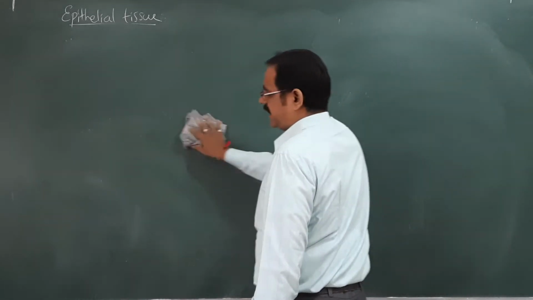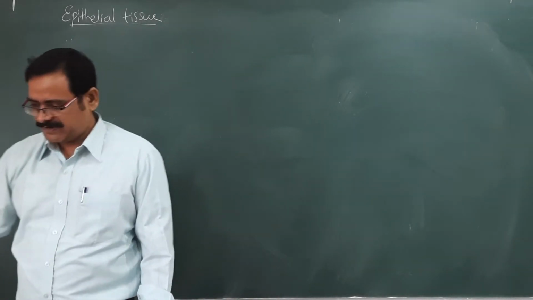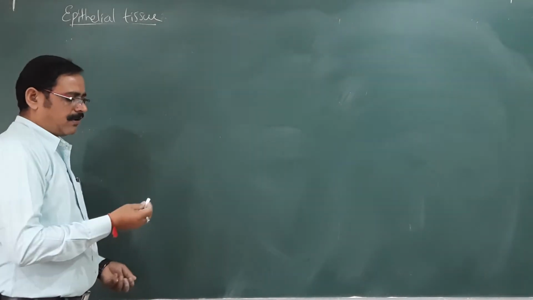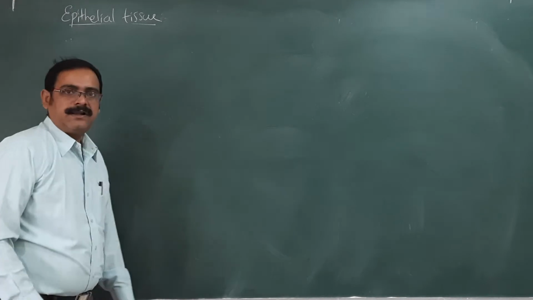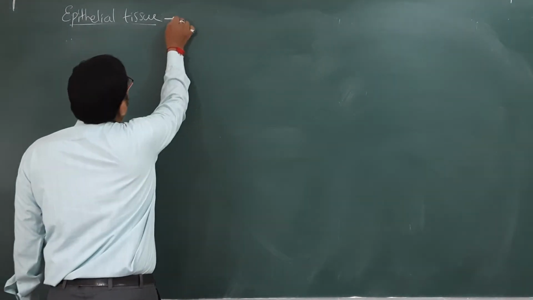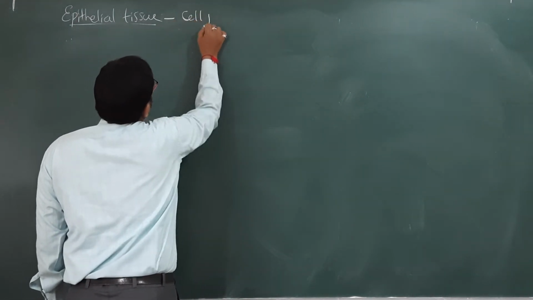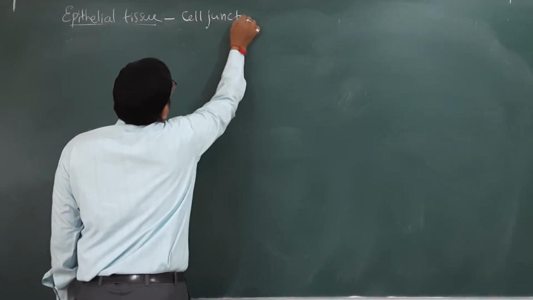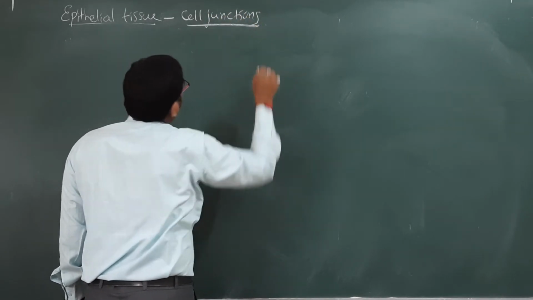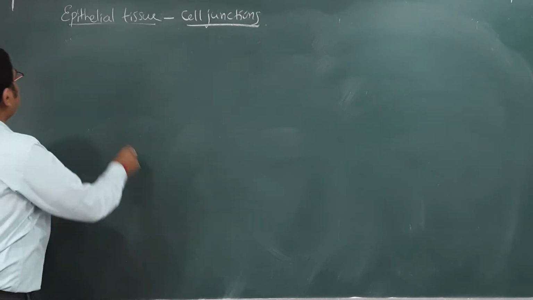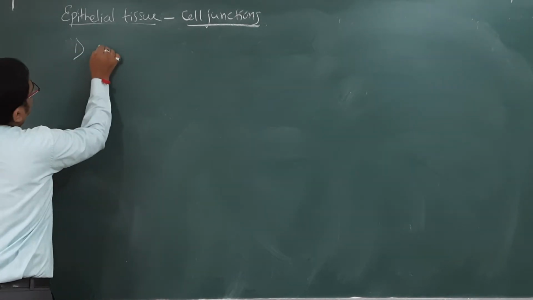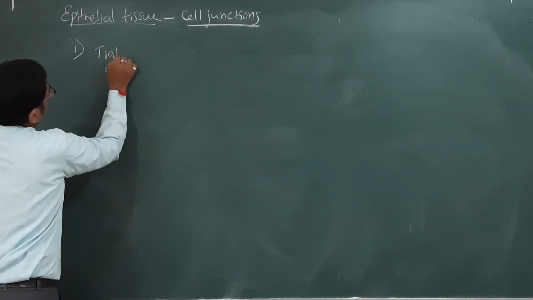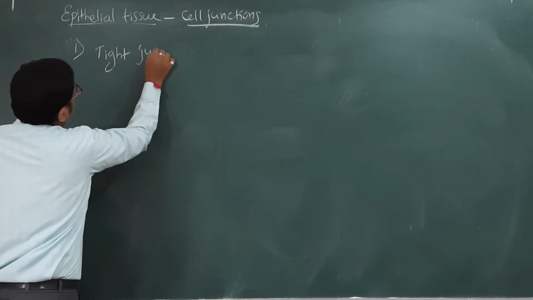Yes, they are well arranged, and that is because of what we call the cell junctions. What are these cell junctions? They are of three types. The first one is called a tight junction.